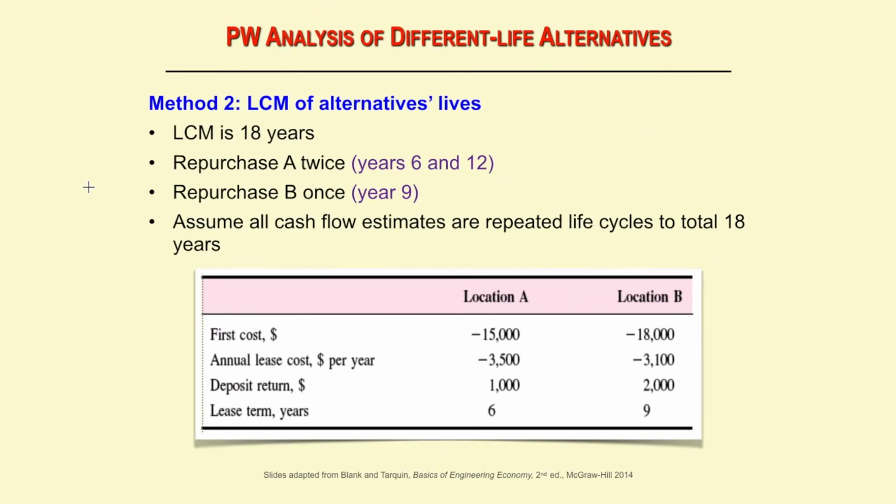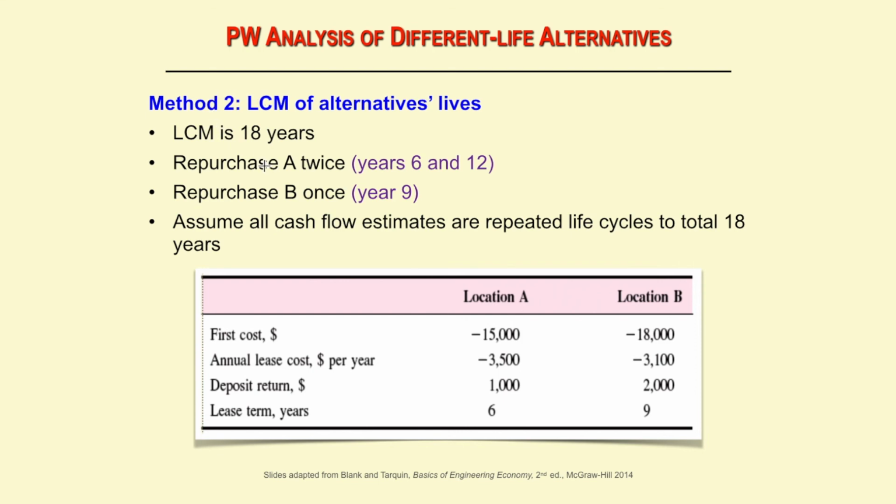Now in the second method, we want to apply present worth analysis using LCM, or least common multiple. Now location A has a lifetime of 6 years and location B has a lifetime of 9 years. That makes the LCM 18 years.